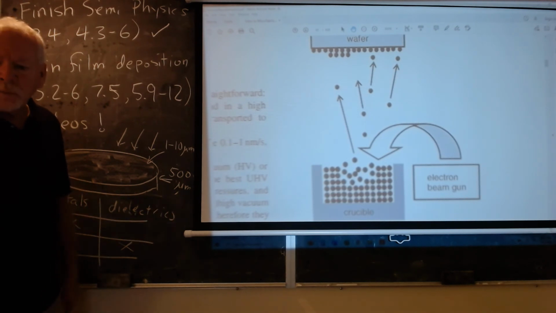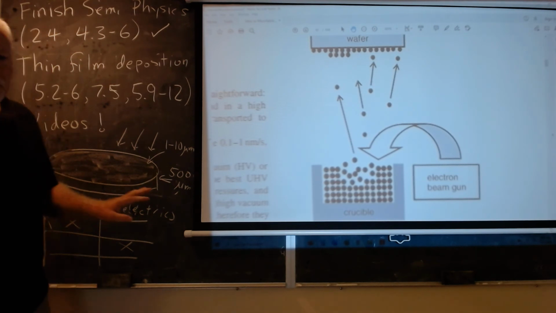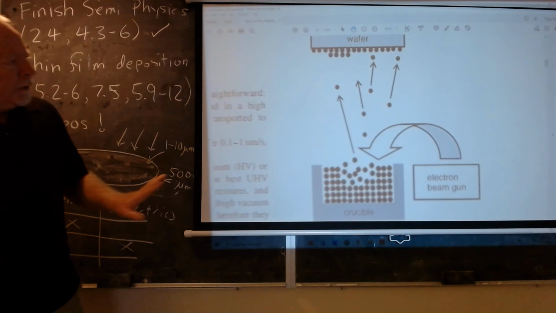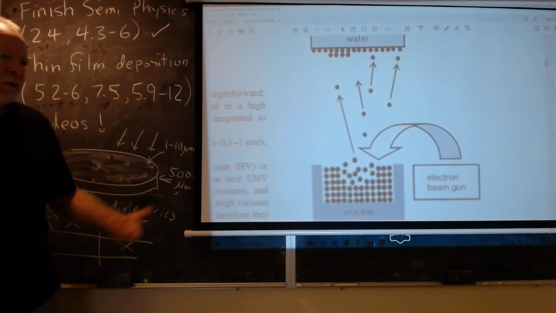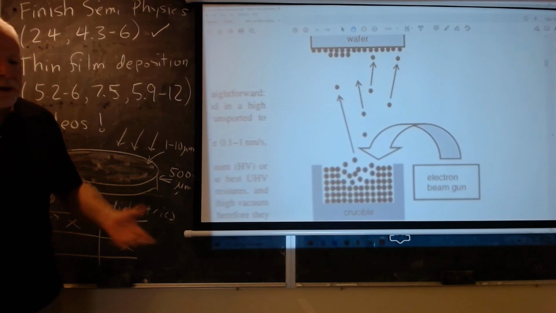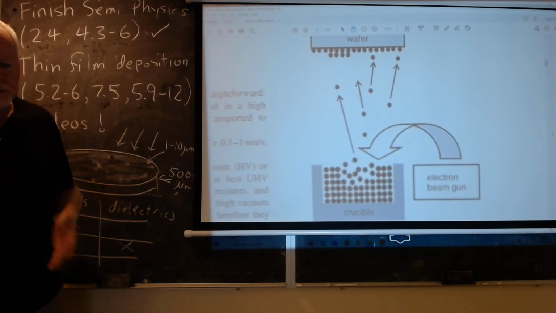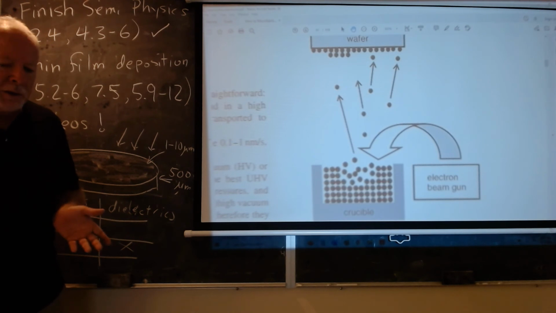Now, this is maybe the wrong way to start with evaporation, because it's sort of easier to understand with what's called resistive heating.